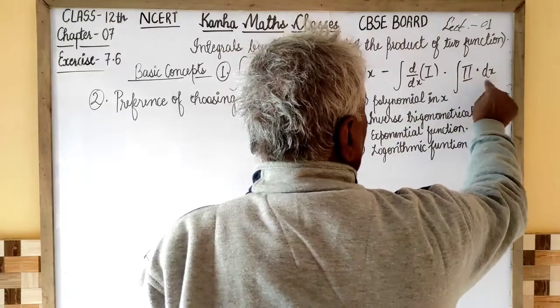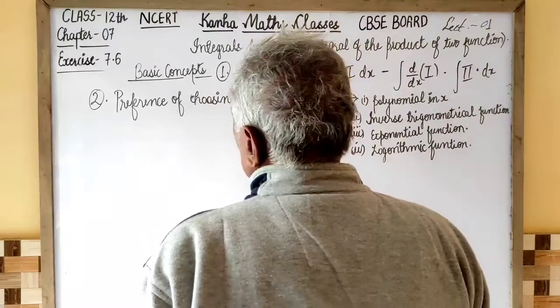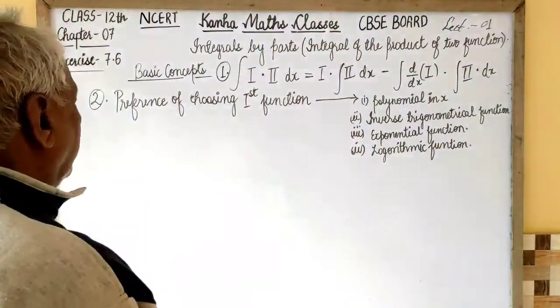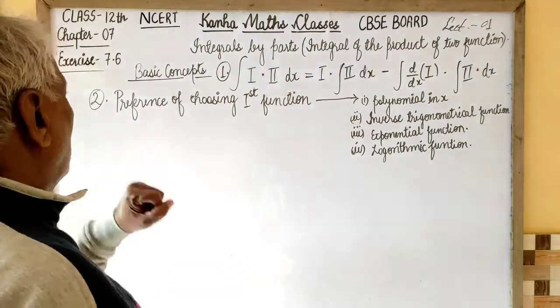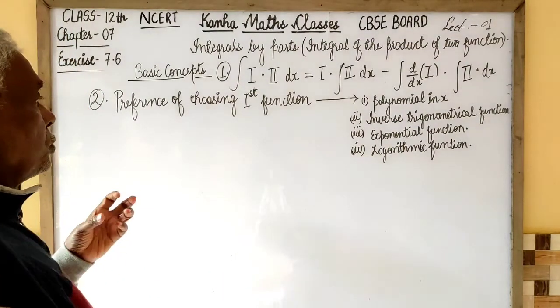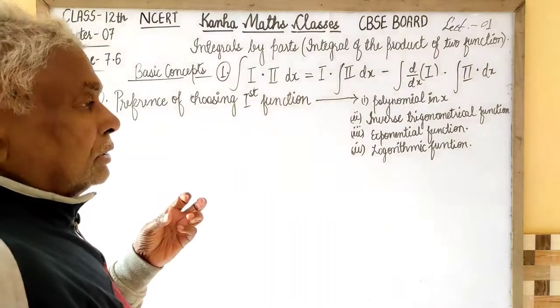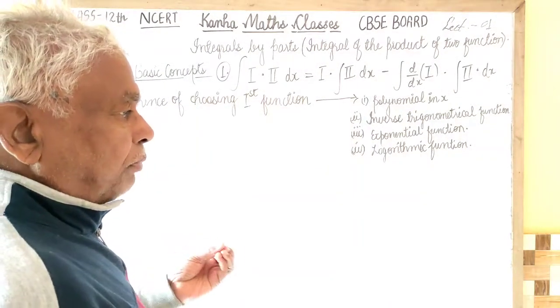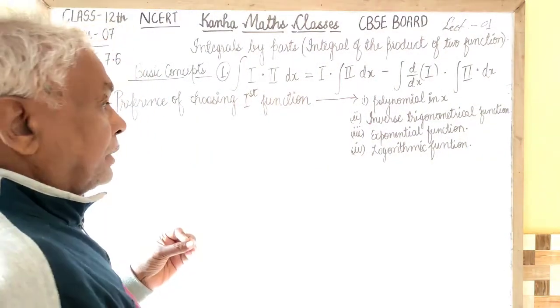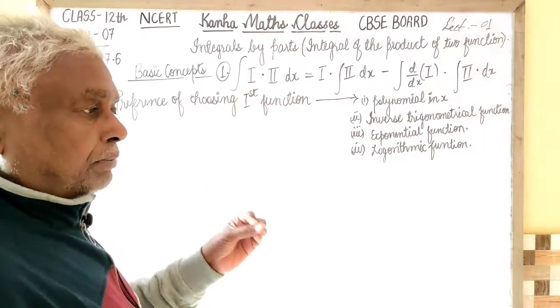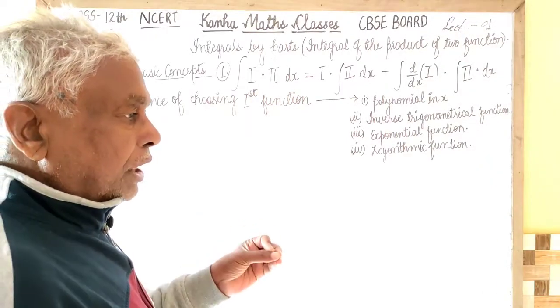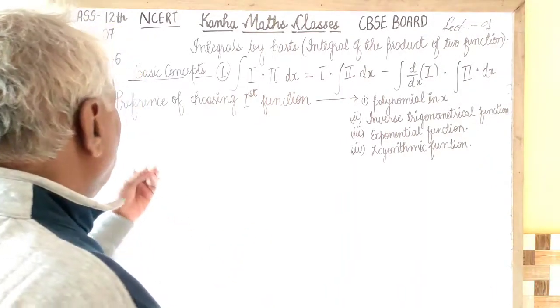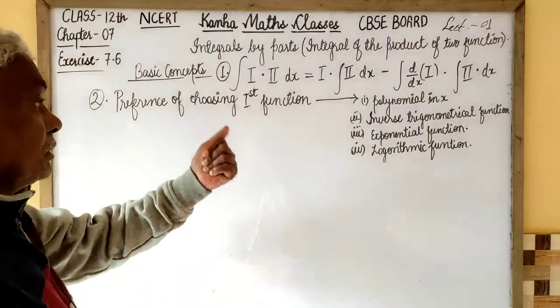Now the second basic concept is how to choose the first function, which part of the product of the integral will be chosen as the first function. It will be easier if you find out the basic concept in choosing the first function.